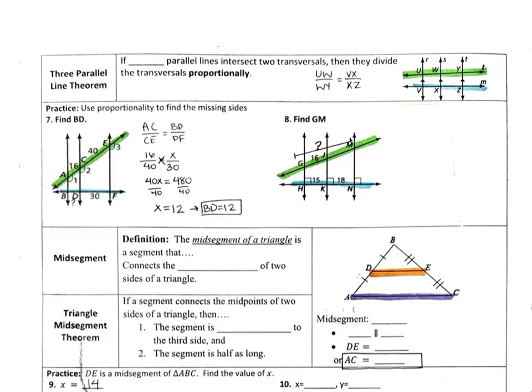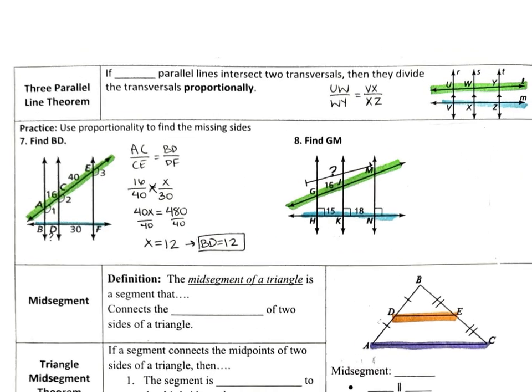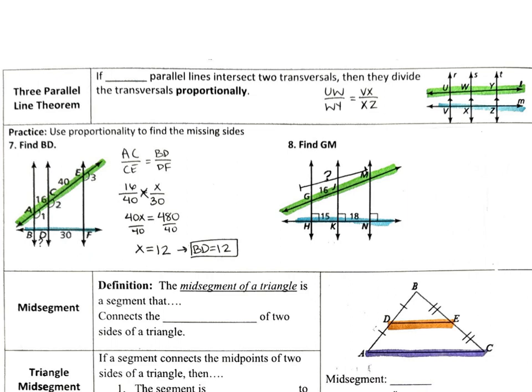Continuing on with our idea of proportions, there are still more ways we can set up proportions to solve problems. Like on the back here, it's called the 3 parallel lines theorem. In this theorem, if 3 parallel lines intersect 2 transversals, then they divide the transversals proportionally.